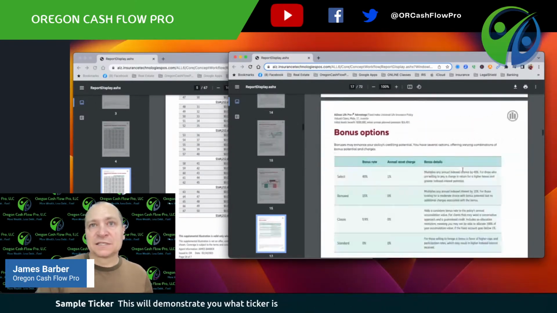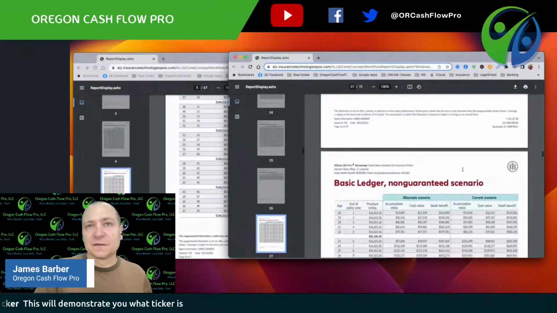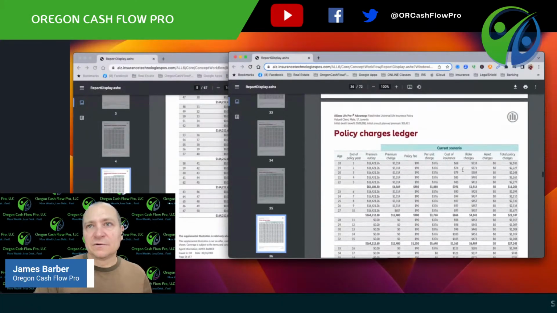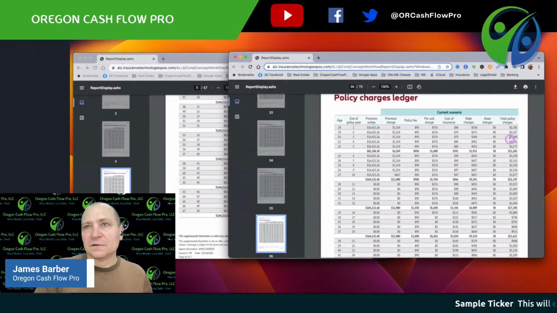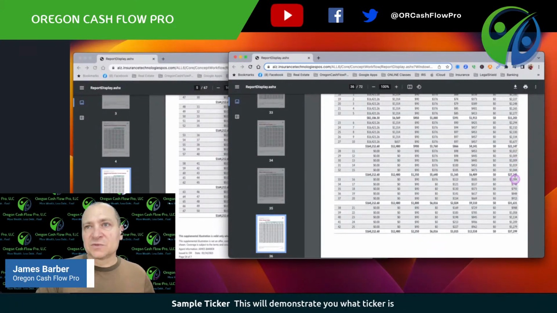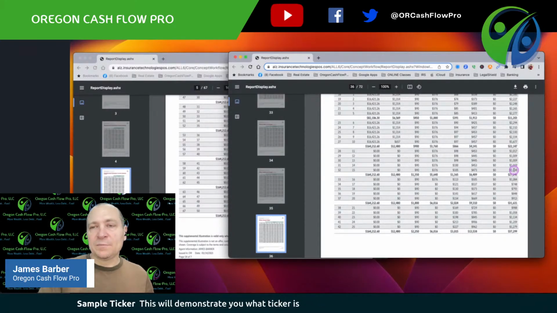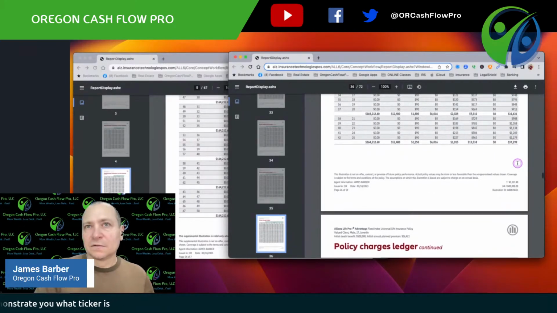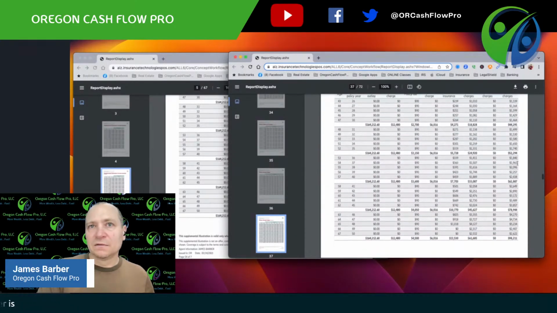Let's see what our policy expenses look like. Policy charges ledger. Here we go. Policy charges, nice and low. Now the policy charges end up nice and low here because we've made quite a bit more money.